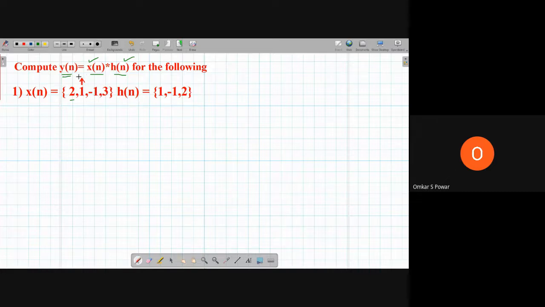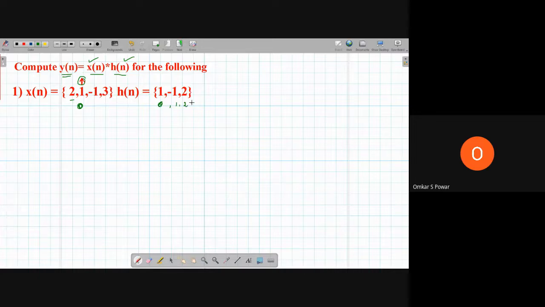The arrow indicates the position of the origin, so the value of x of n is 1 at the origin. If it is given normally, like h of n is equal to 1, minus 1, 2, it starts from the origin itself, that is 0, 1 and 2.